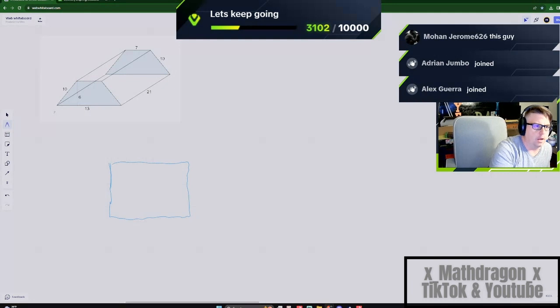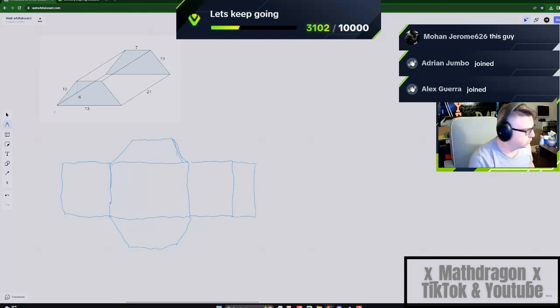And that's the bottom of our shape. So we're going to have a trapezoid here, and we're going to have a trapezoid here. Then we're going to have our two sides that fold in for the trapezoid. And then we have this thin one on top for the top of the trapezoid.